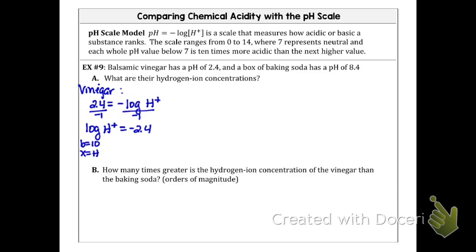Our x is the hydrogen, and our y is -2.4. So we know that b to the y equals hydrogen. And so if I type in 10 raised to the -2.4, its hydrogen ion concentration is approximately 3.98 times 10 to the -3.